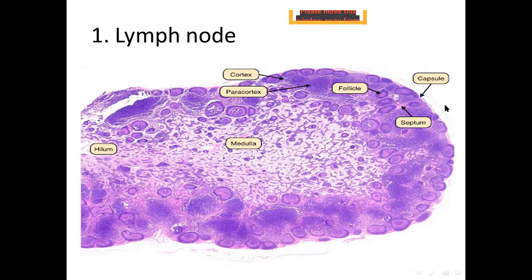So it empties from the afferent lymphatic vessels into the subcapsular sinuses. After that, it enters the parenchyma of the node at the cortex and empties into the cortical sinuses.